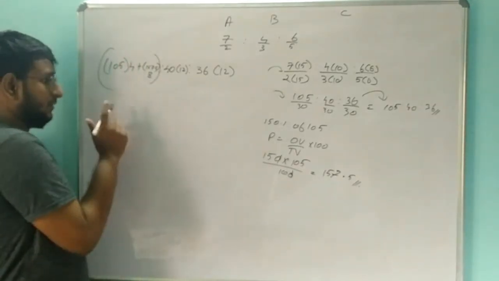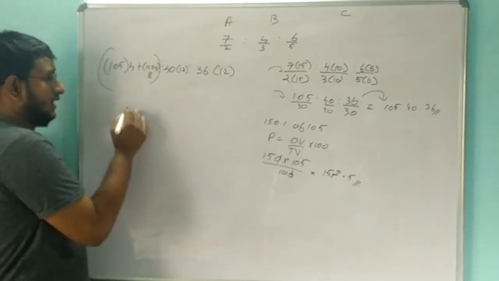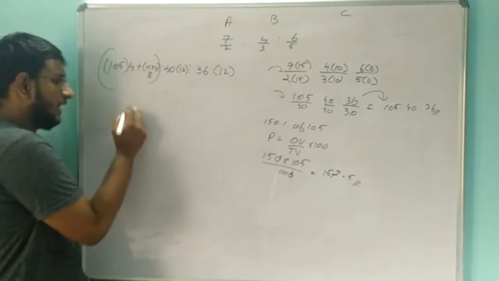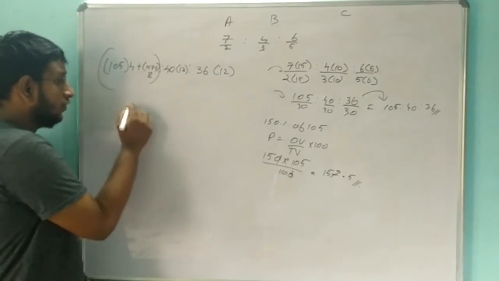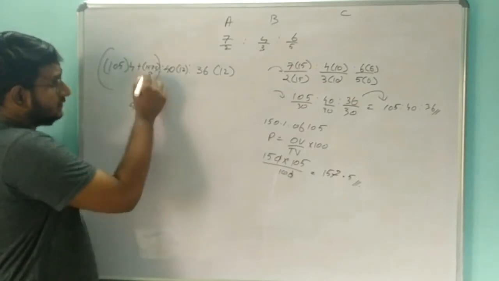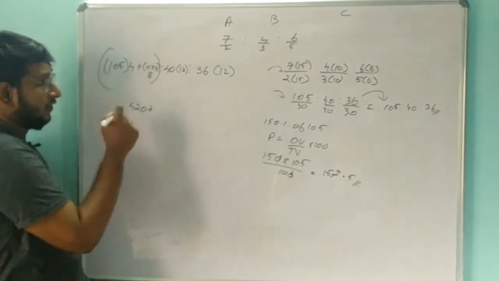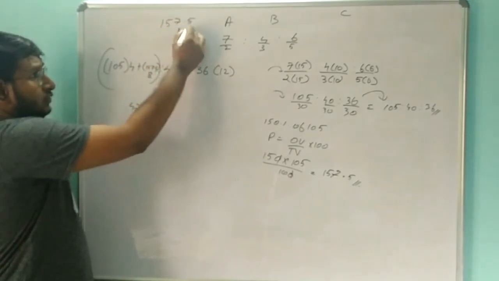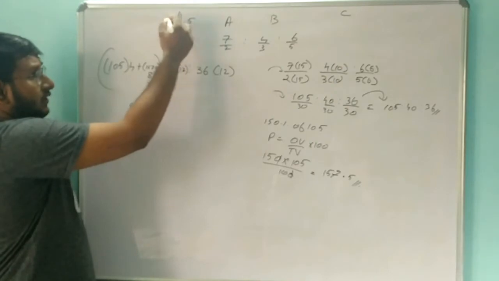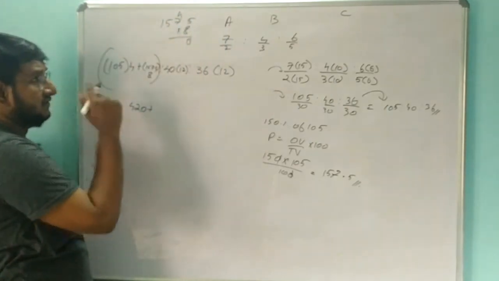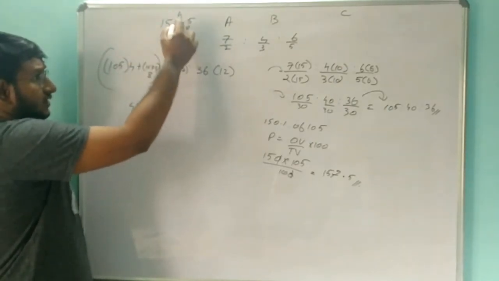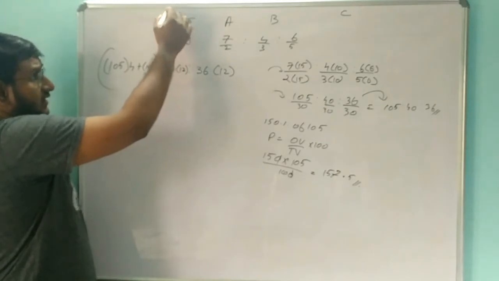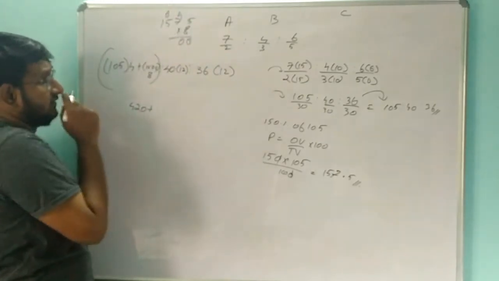So we are going to multiply it. If you multiply this 105 into 4, we will have around 420, plus what is 157.5 into 8? 8 5s are 40, 8 7s are 56, 56 plus 4 is 60.